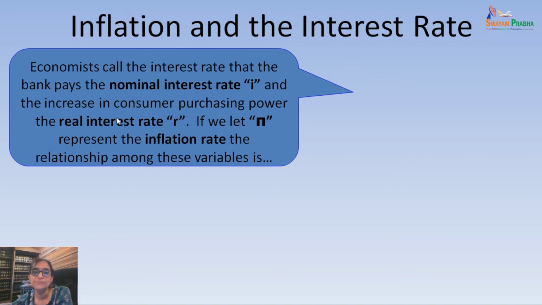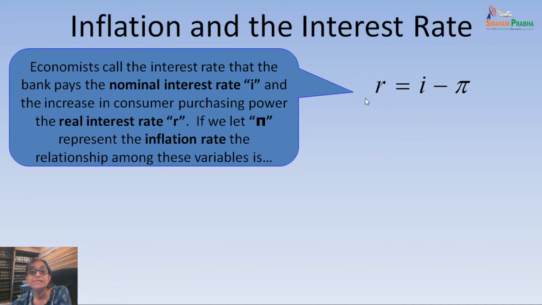These three terms can be put in the form of an equation, which is, let us say, R is equal to I minus pi, where R is the real rate of interest, real interest rate, I is the nominal interest rate and pi is the rate of inflation. What does it indicate? It indicates that the real interest rate is equal to nominal interest rate minus the inflation rate.